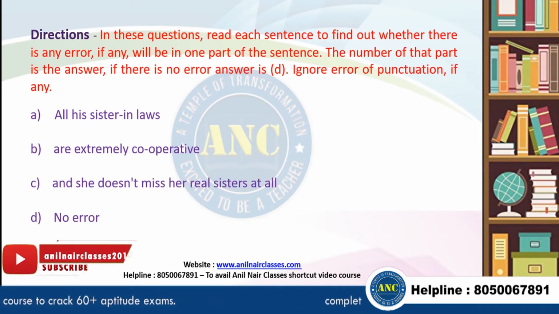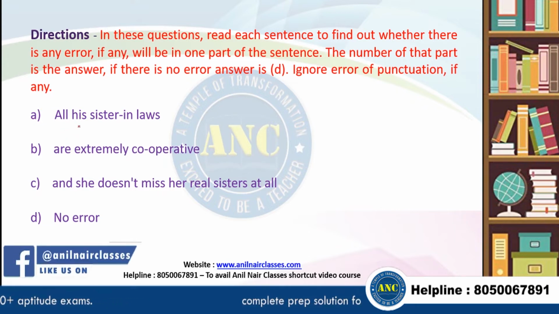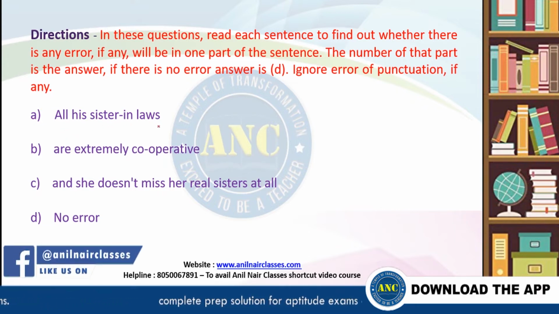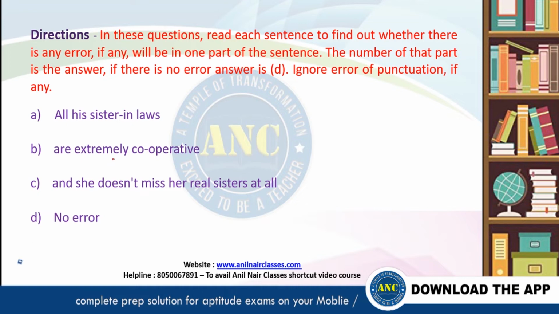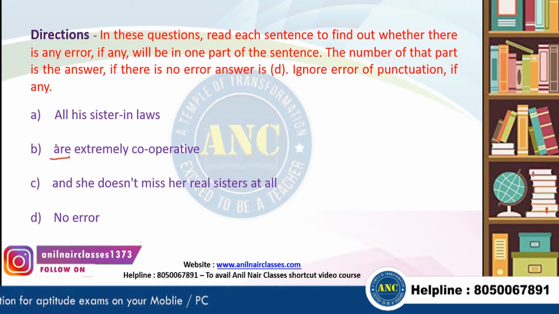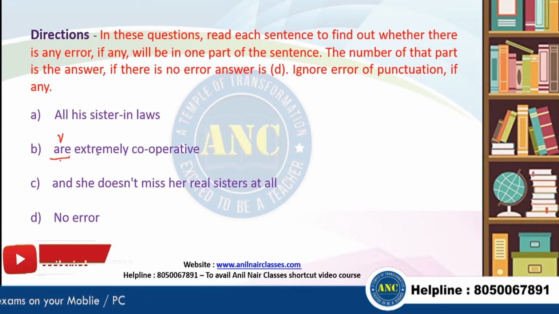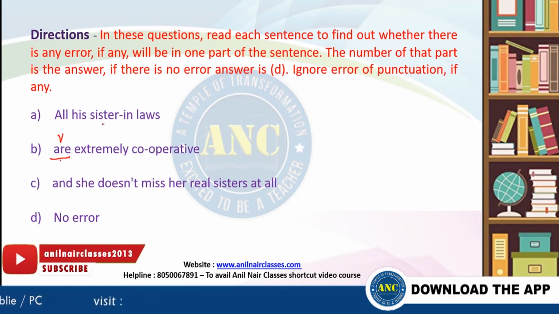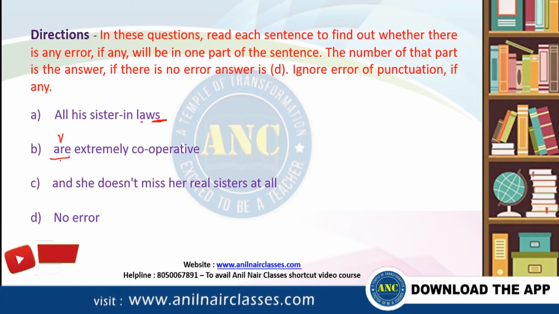Let's move ahead to the next question. All his sister-in-laws are extremely cooperative. So are is the verb over here. So who are extremely cooperative? Sister-in-laws. So this is the wrong expression over here.